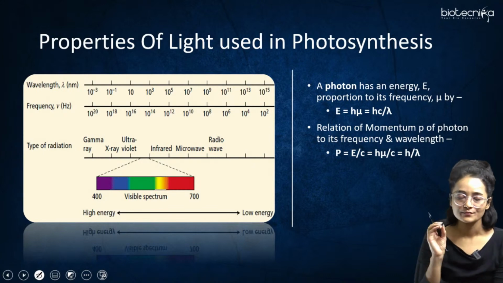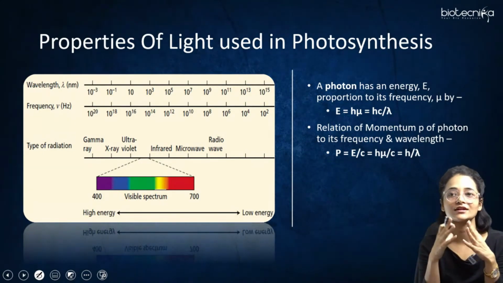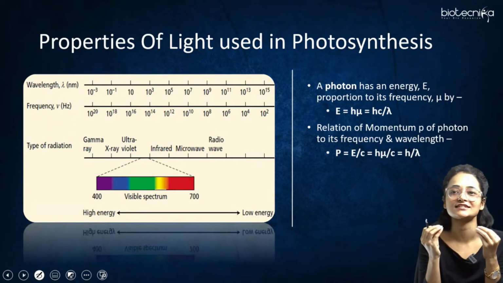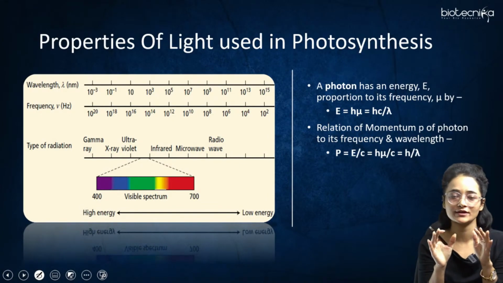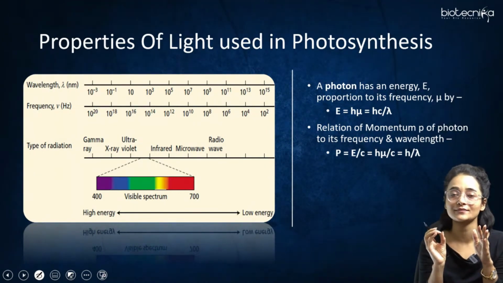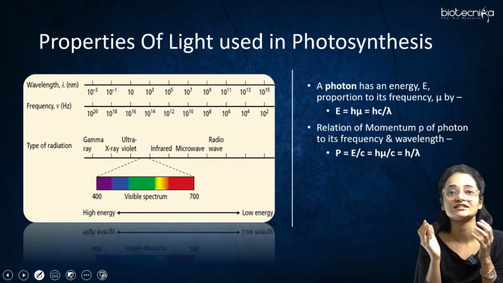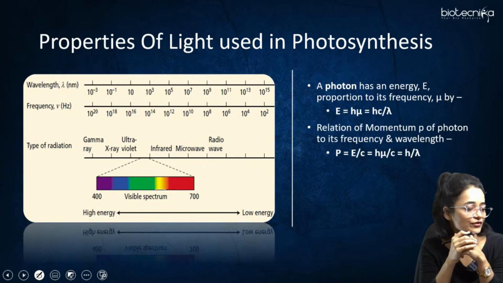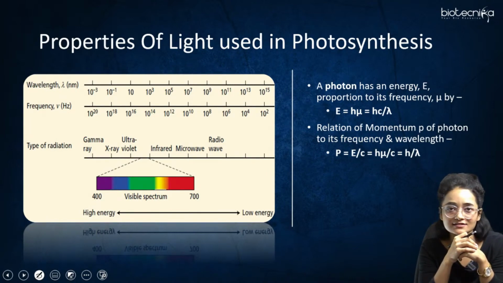Now, before moving further, I would like to know where photosynthesis actually takes place, in which tissue. Everybody knows that it takes place in the chloroplast, but the chloroplast is an organelle. In which tissue of photosynthetic plants does photosynthesis actually take place? That's the question for all of you. Now, I would be inviting answers.